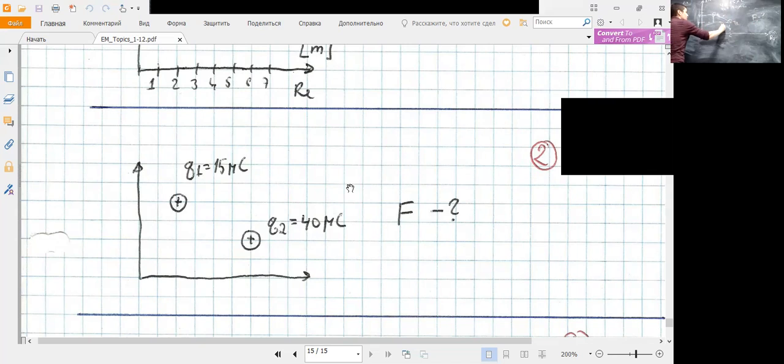Okay, here 4, there is 2. So R square is equal to 4 square plus 2 square, 16 plus 4, 20. So F is equal to K multiplied Q1, Q2 divided by R square. K is equal to 9 multiplied 10 to the 9, multiplied 15 multiplied 40 10 to the negative 12, divided by R square, which is 20 meter.